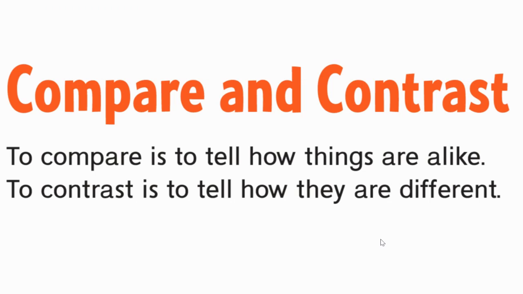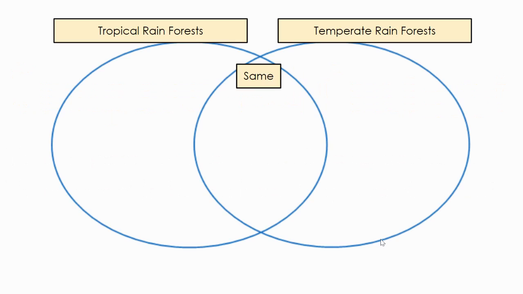Remember that to compare and contrast means to tell how things are alike and different. We are going to be using this graphic organizer today. It is called a Venn diagram. When we use a Venn diagram, we use the outer parts of the oval to show how things are different.